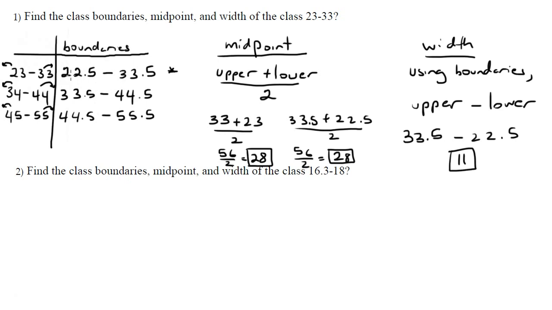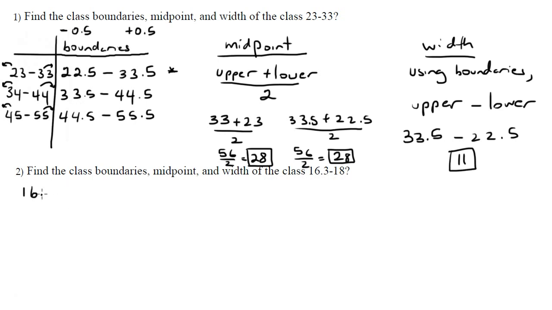Before, to find the boundaries, I subtract 0.5 and add 0.5. Right? Subtract 0.5 from the lower limit, add 0.5 to the upper limit. If your limits are a decimal, I'm going to do it a little differently here.